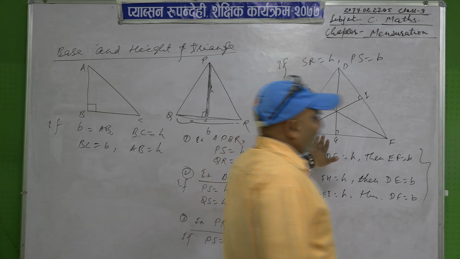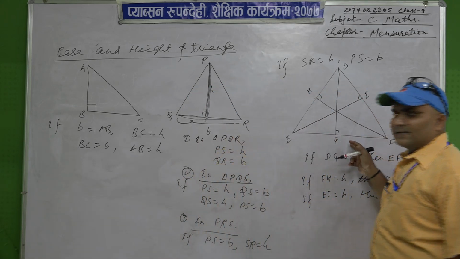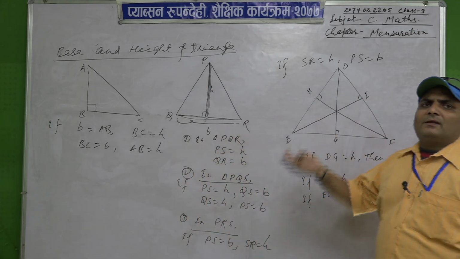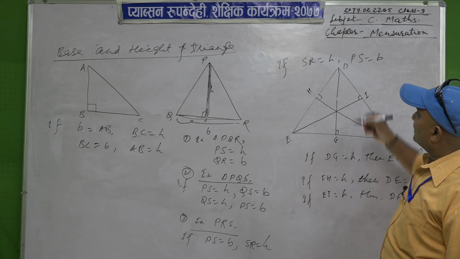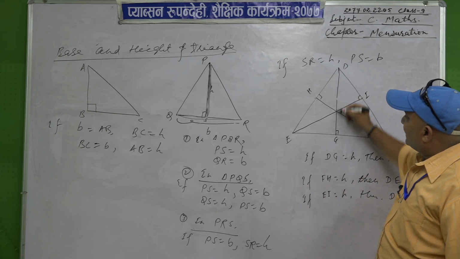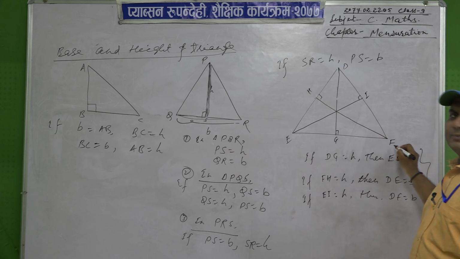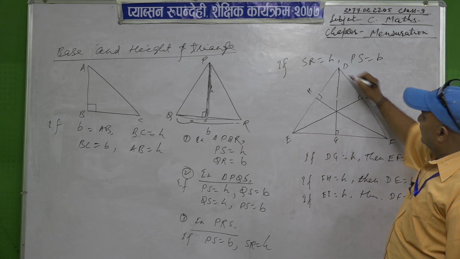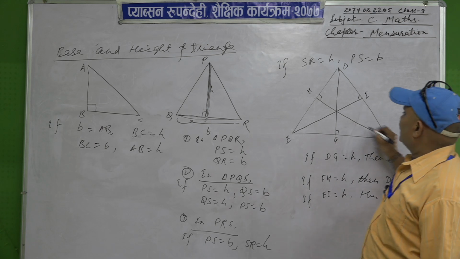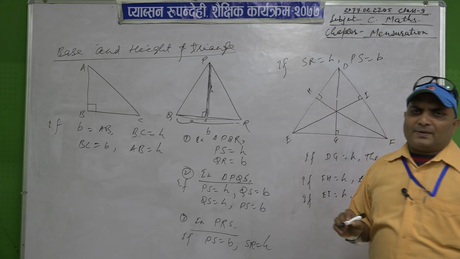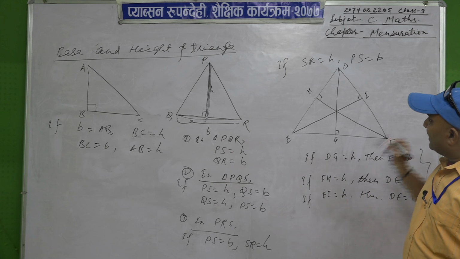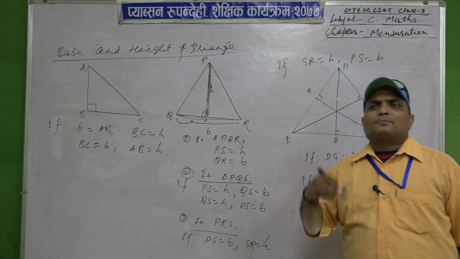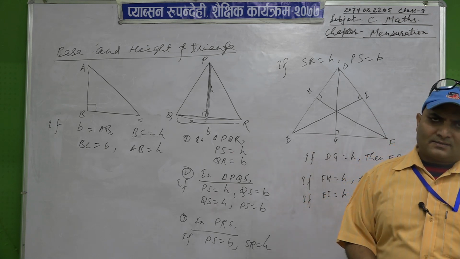In this figure, what we learned is that in a triangle there may be 3 heights. How to define height and base? If this line is height, then this line will be base. Similarly for the other lines. So, a triangle may have 3 heights or 3 bases.